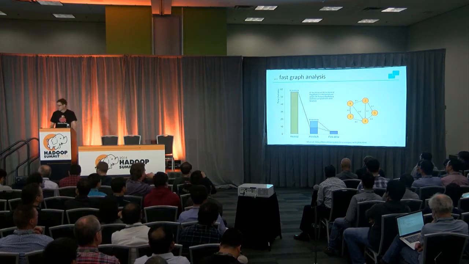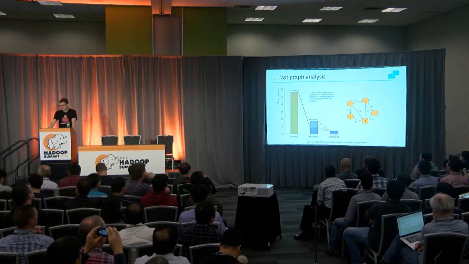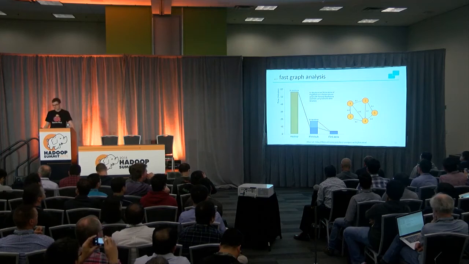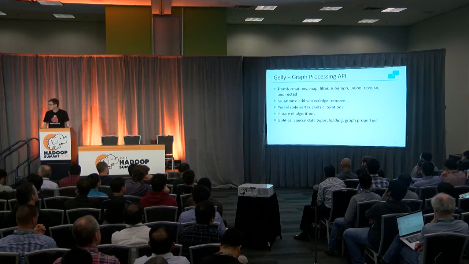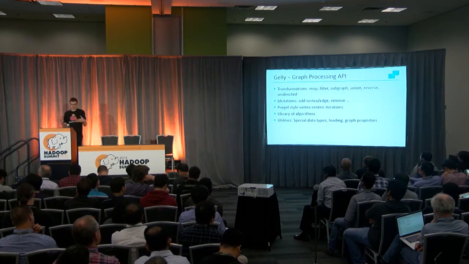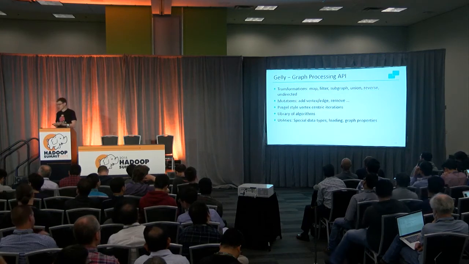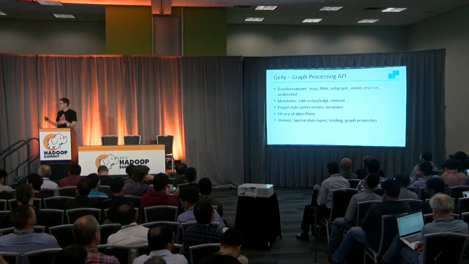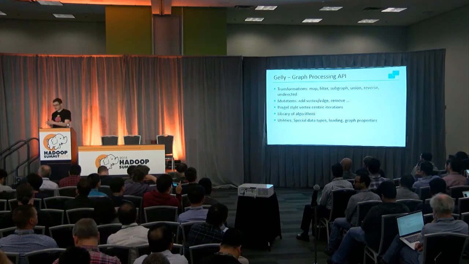If you're now interested in graph processing, we also have a library for that. It's called Gelly. Gelly provides you data types and abstractions to represent your graph in your program. You can then perform transformations on that, like mapping or checking for subgraphs, merging graphs, stuff like that. You can also mutate the graph, so you can add elements or remove.